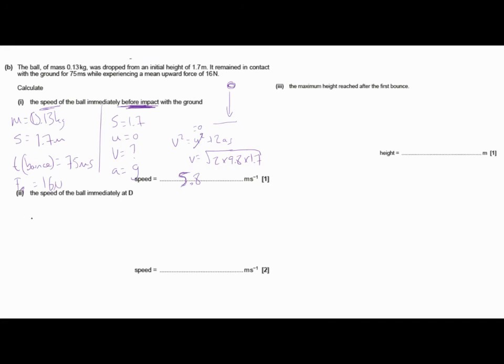So for this, we need to take into account the force of the ground, which is 16 newtons, the time of the bounce, which is 75 milliseconds, and we obviously need to find the speed of the ball at D. So I'm going to put that as the final velocity, and I'm going to take the initial velocity now, 5.8 meters per second, the answer to the previous question.